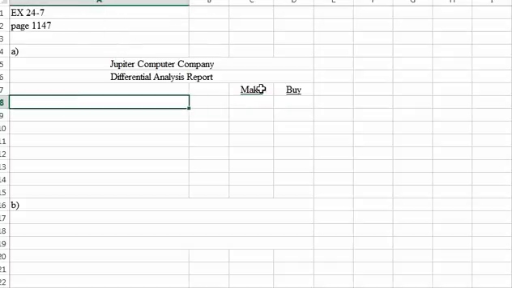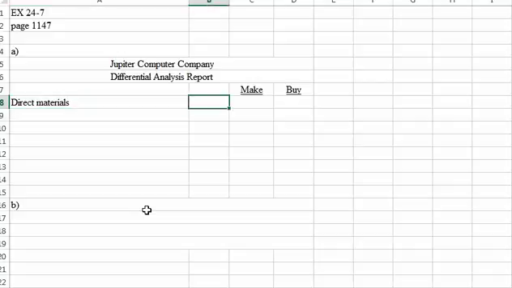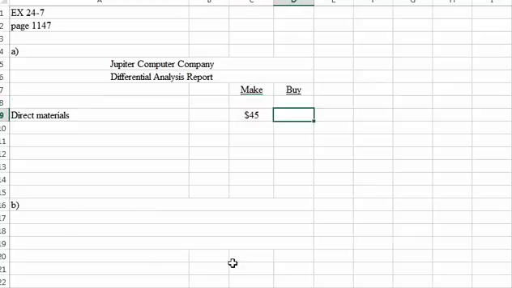Okay. We could start with direct materials. Doesn't really matter what you start with, but let's start with direct materials. If we make the carrying cases in-house, our direct materials will be $45. If we buy the carrying case, then our direct materials cost would be $0.